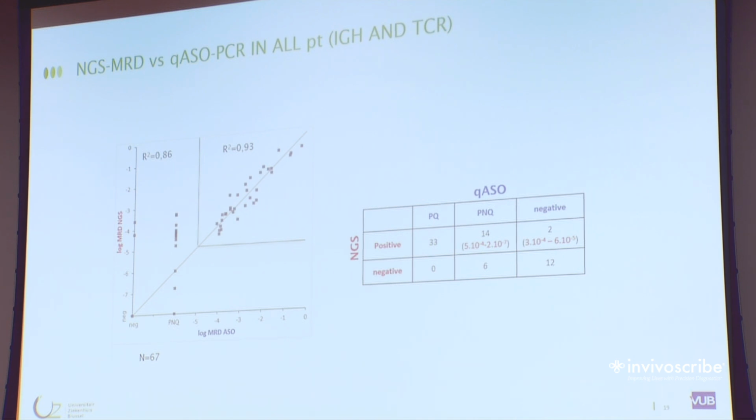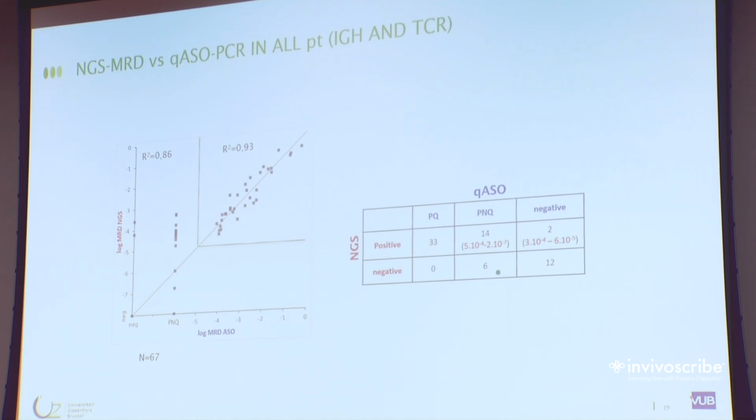We had some discrepancies. We had here 2 negative ASO PCRs that were positive by NGS, and this is really in the range of the lowest sensitivity of the ASO. Probably the ASOs were not that sensitive.